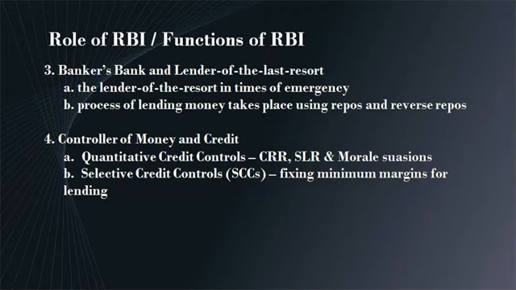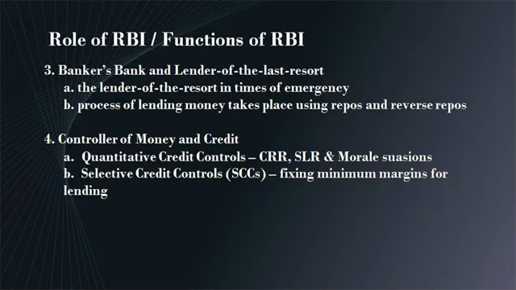If that person doesn't pay back the loan, or the company doesn't pay back the loan, then that asset becomes non-performing, and that is a loss for the bank. And if that person runs away, or the company closes down, or something happens, then it is a loss for the bank. So non-performing assets should not increase for the bank. It should be under control.